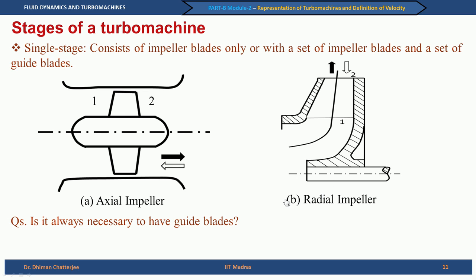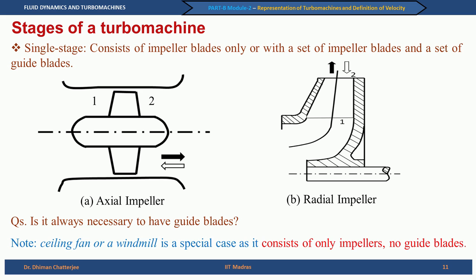So, is it always necessary that we should have guide blades? The answer is no, and we all know from our common experience of ceiling fans or the windmill that there are only impeller blades, there are only runners and there are no guide blades. Next time when you look at the ceiling fan, you should see that the blades are rotating and you should call them impellers or the rotors or the runner blades.